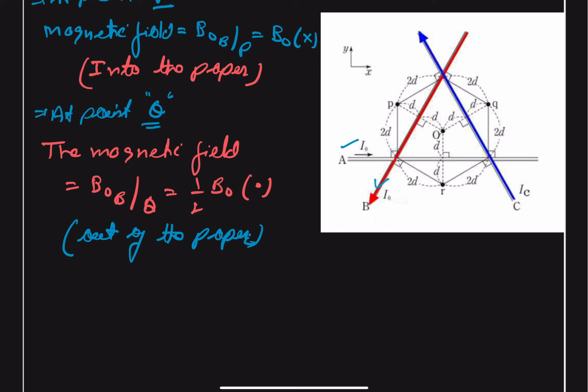Now we are going to consider rod C, and for rod C we assume that the current is flowing in the upper left direction, and the magnitude is given as IC. So IC is flowing up left.